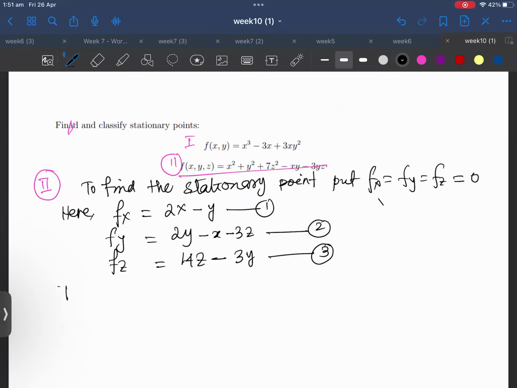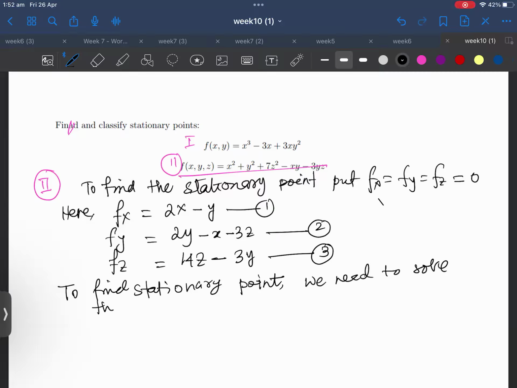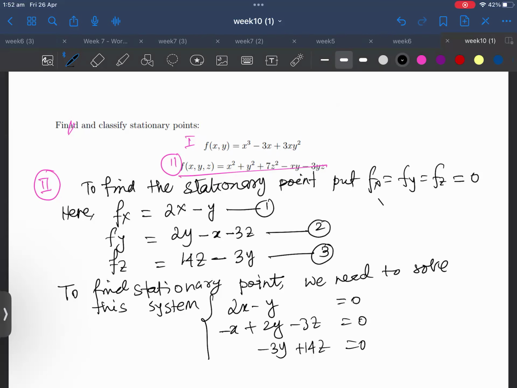So to find the stationary point, we need to solve this system, which is 2x minus y equal to 0, minus x plus 2y minus 3z equal to 0, minus 3y plus 14z equal to 0.